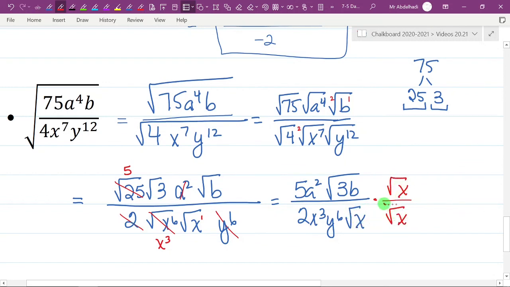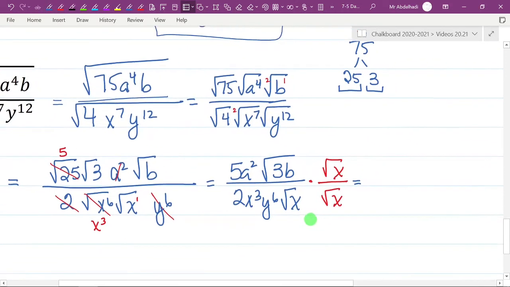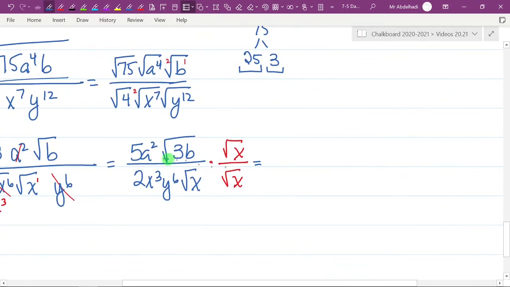And of course, you want to do it the same on the top and the bottom so that this whole fraction equals, you guessed it, 1. Right? That's the whole point. So what do we get? Well, multiplying the top, nothing really changes. I mean, the 5a squared is still the same. But radical 3b times radical x is radical 3bx. You're just introducing an x up there in the radical.